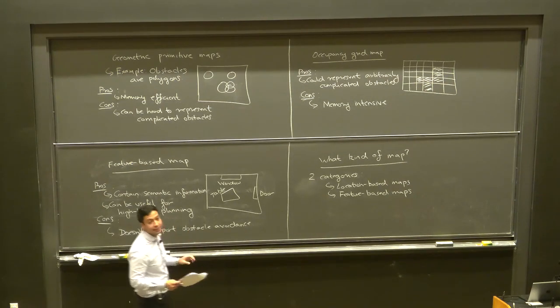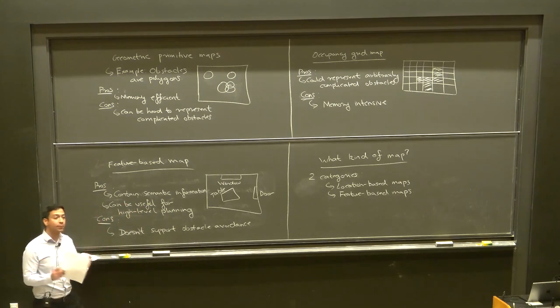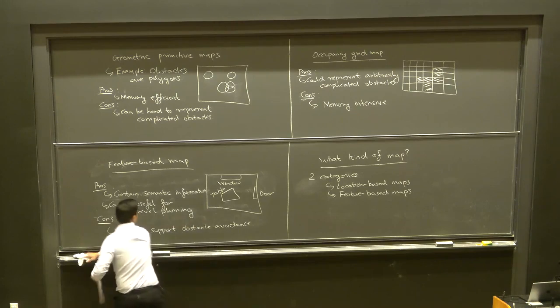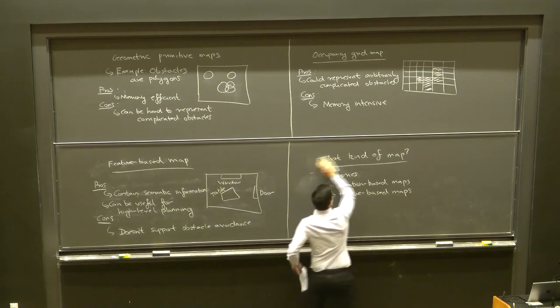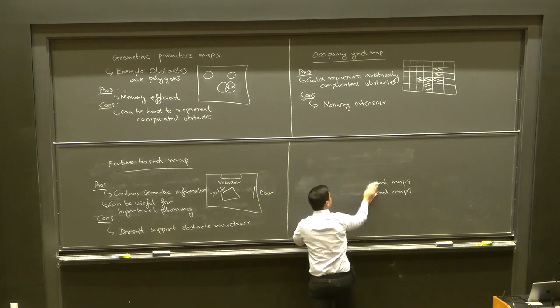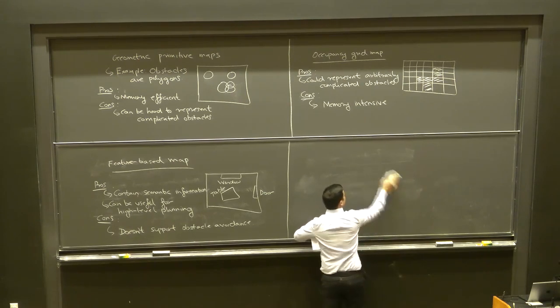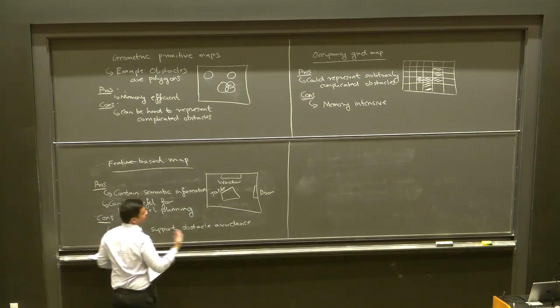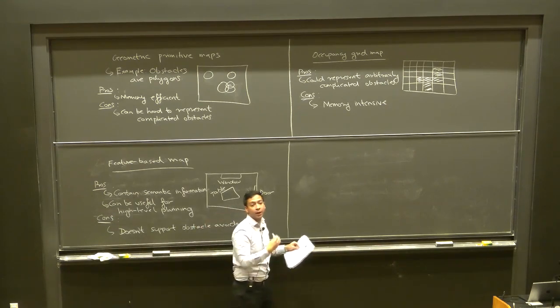For the purpose of today's lecture, I'm going to focus on just one particular kind of map. The general technique I'll describe is based on Bayes filtering, and you can extend it to other kinds of maps as well.